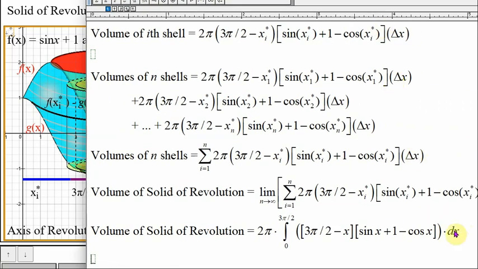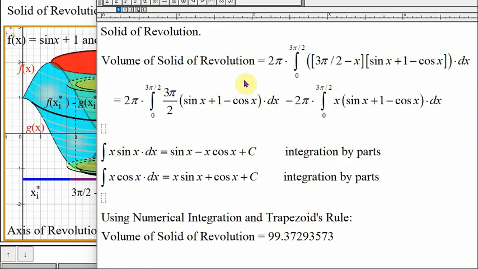And now let's find the value of this definite integral. We can rewrite it as 3 pi over 2 times this expression, and then minus x times this expression. Now this part here is easy to integrate, but the part over here is going to involve x times sine of x, and also x times cosine of x.